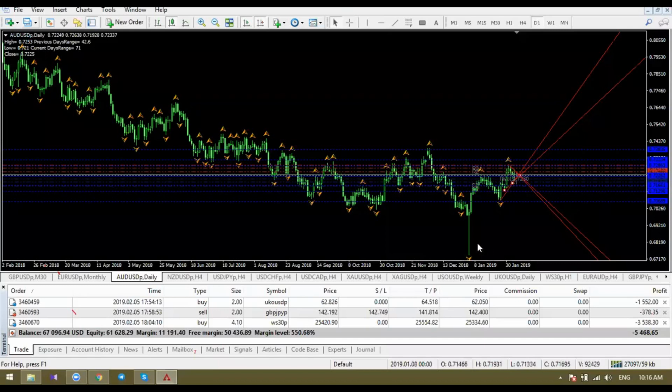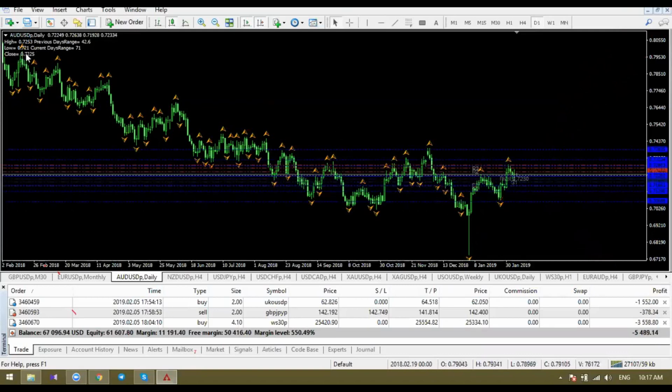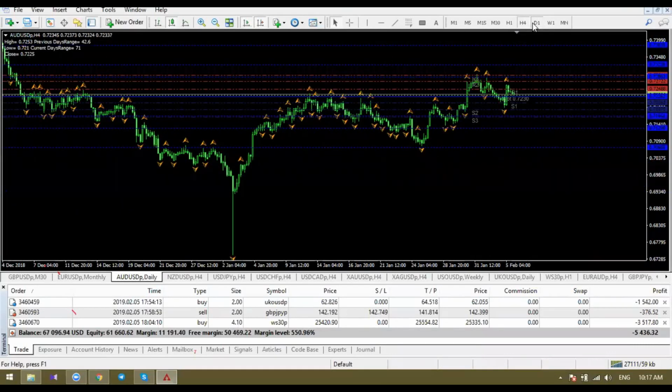So if I look at this in the 4-hour time frame, in the daily time frame, it would be nothing. In drawing the general trend line, the lowest peak or the highest peak it will be drawn.